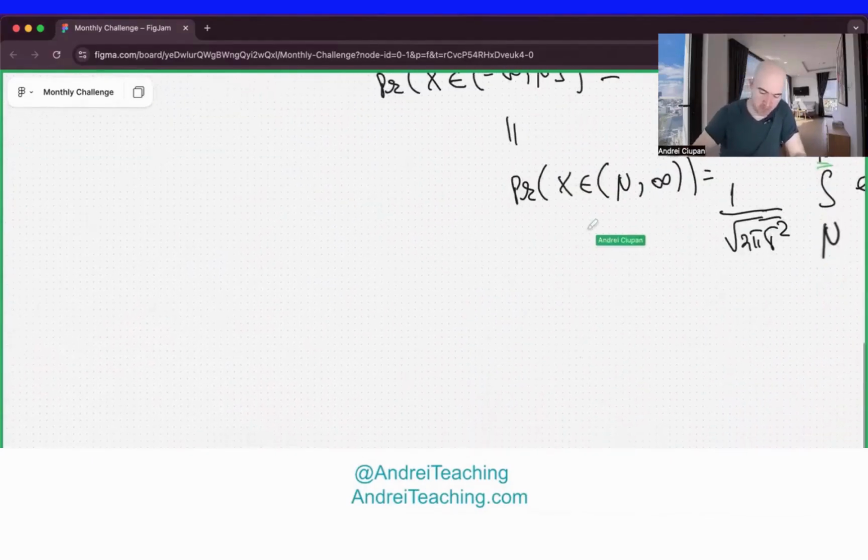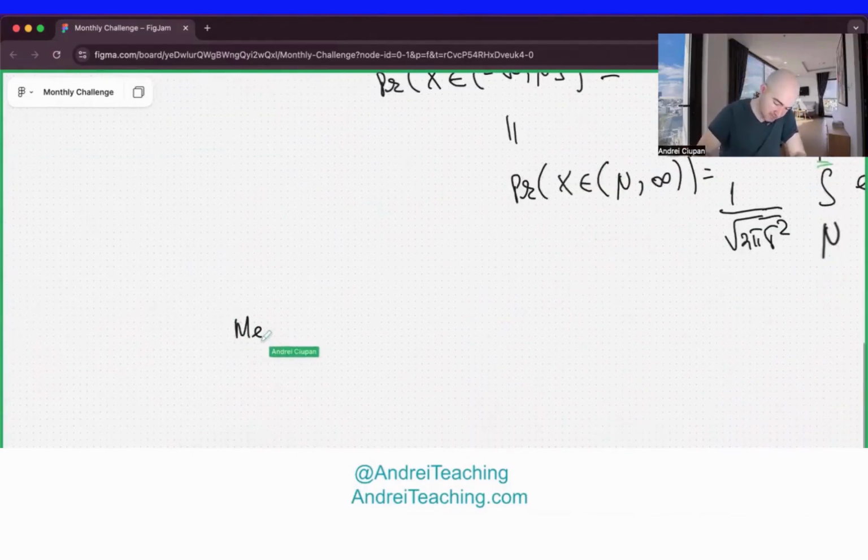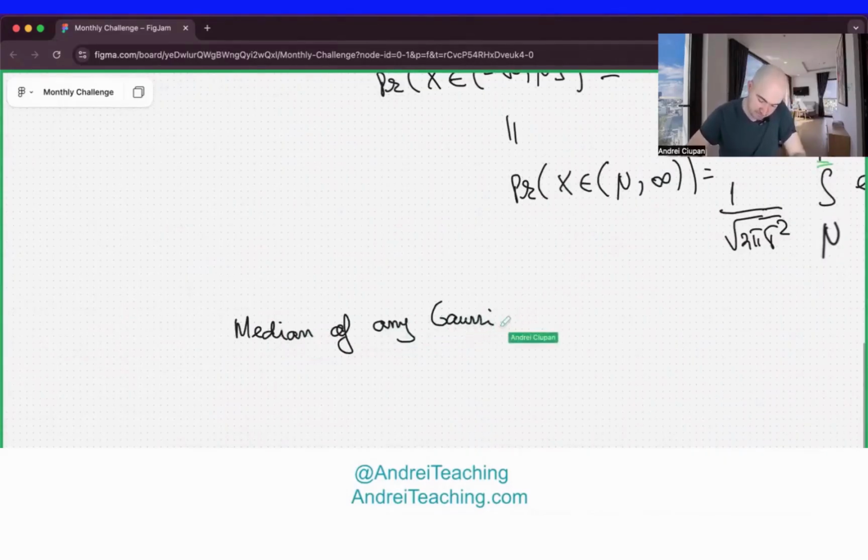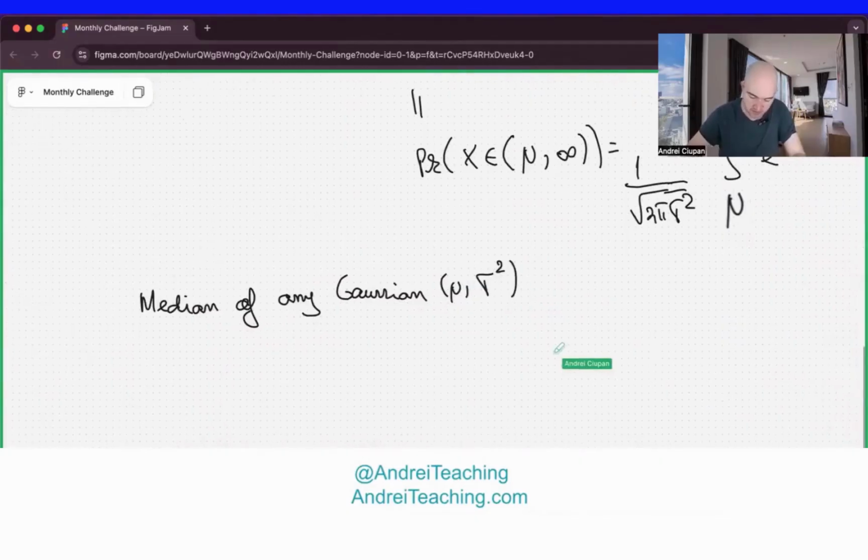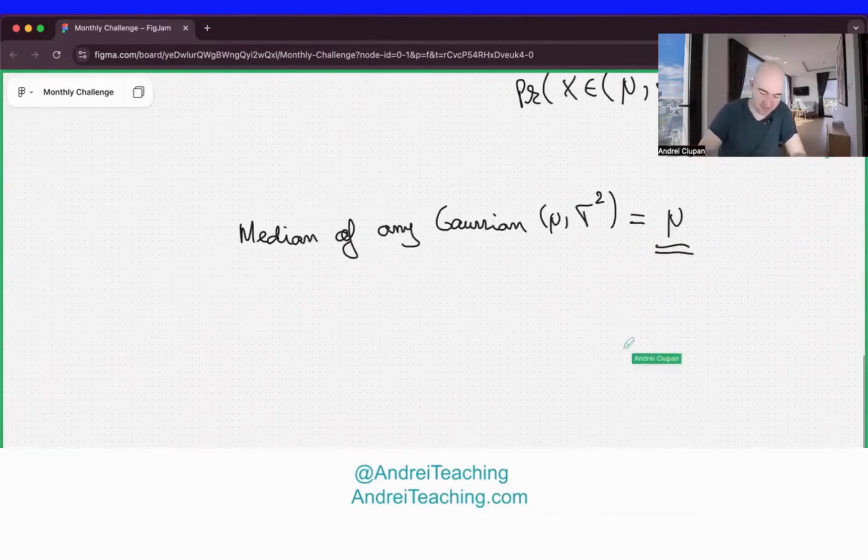So the median of any Gaussian with mean mu and any variance sigma squared is just equal to mu. That's the median of any Gaussian. So we just apply it in our case.